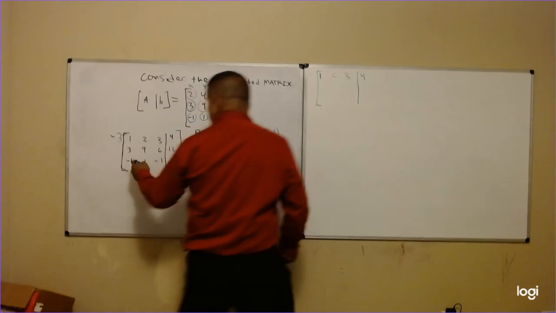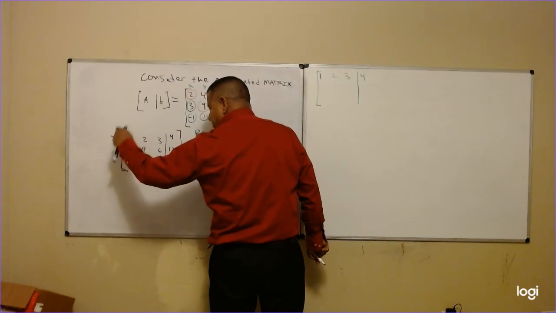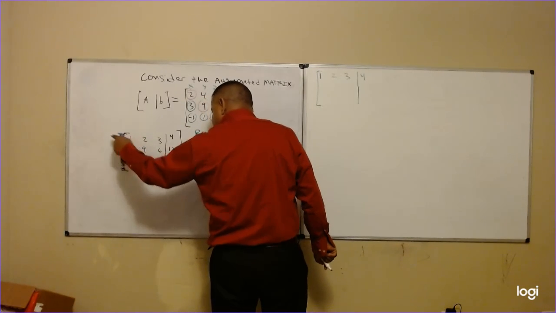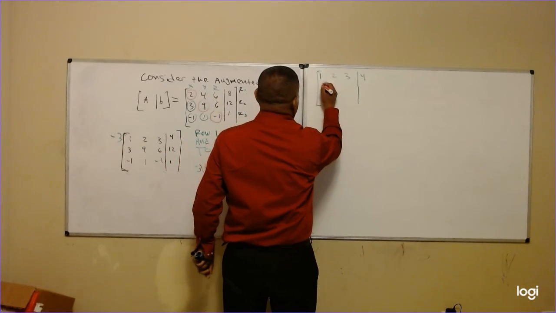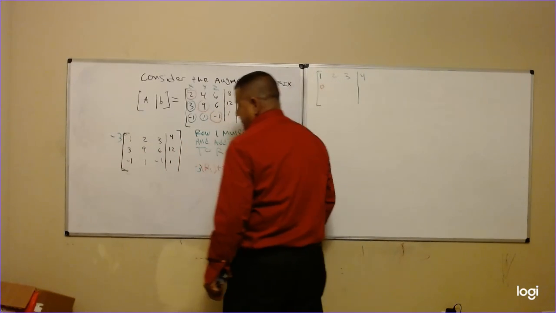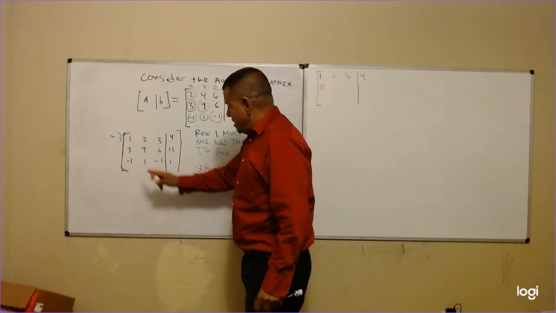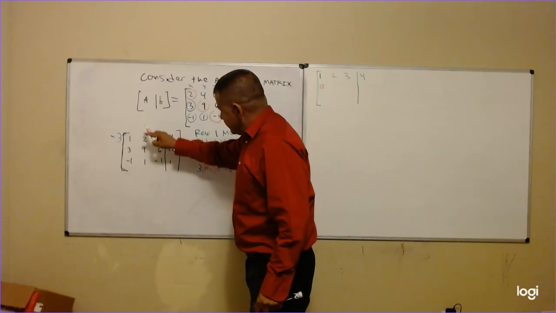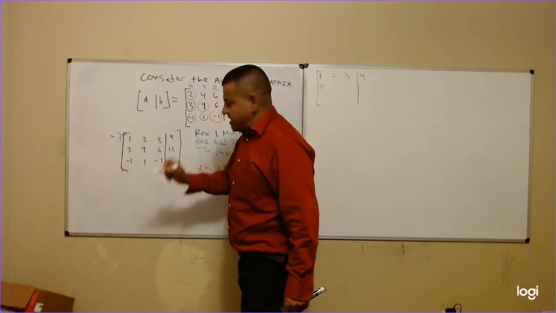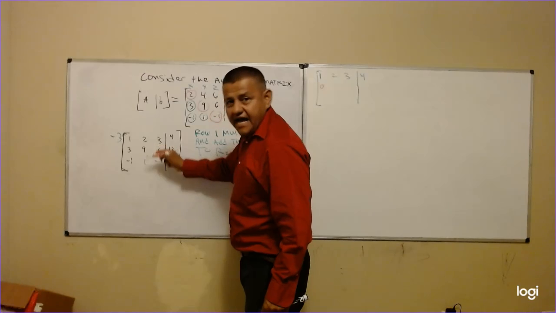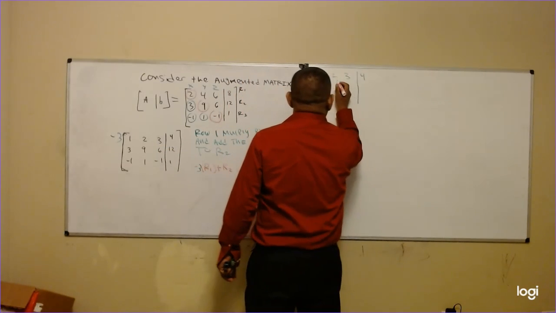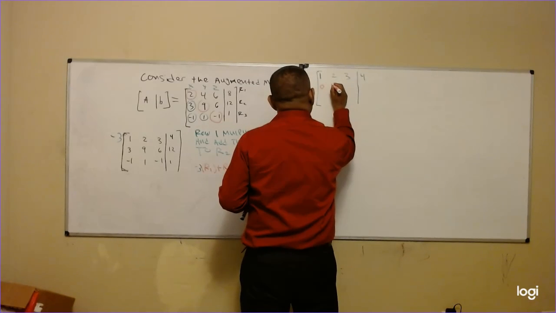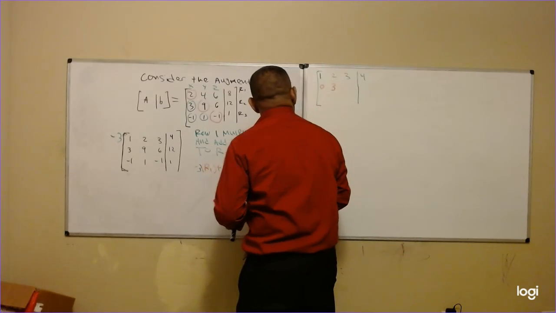So negative 3 times 1 added to 3, well, negative 3 and 3 is equal to 0. Okay? I got my first 0, right? Negative 3 times 2 is negative 6. Negative 6 added to 9 is positive 3. So this becomes a 3, right?